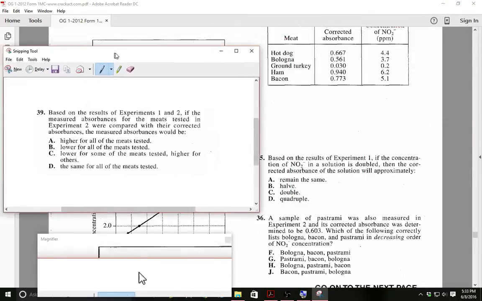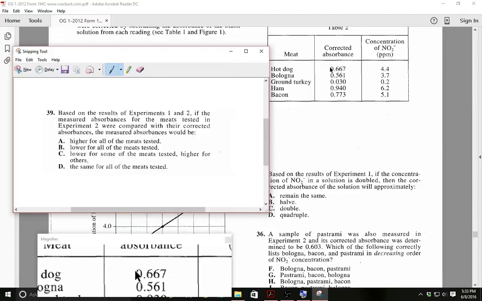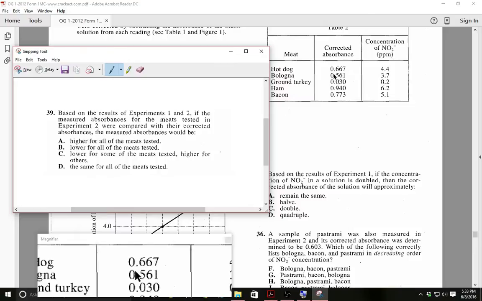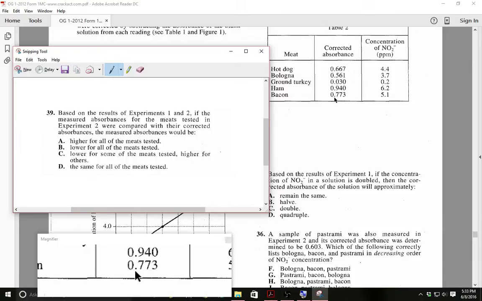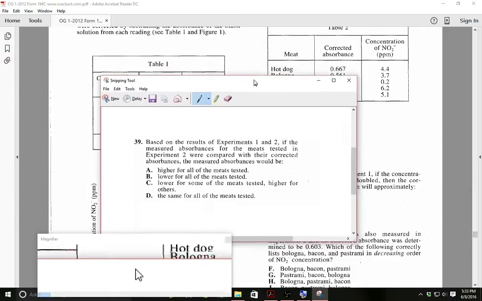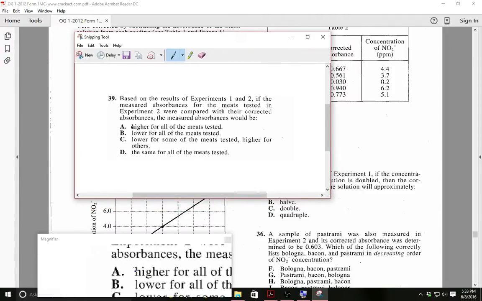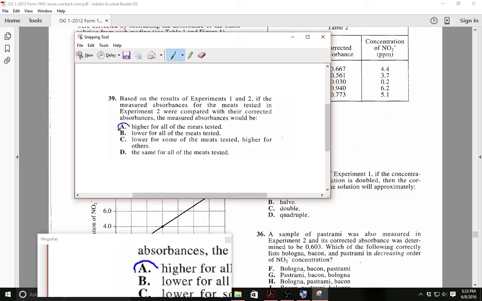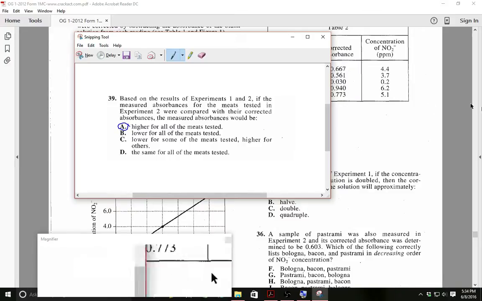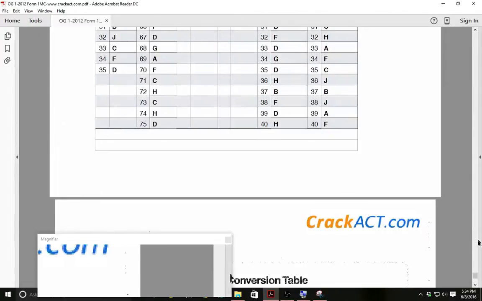Now for the meats, the corrected absorbance is 0.667, so the measured absorbance would be higher for all the meats tested. The answer should be A. Let's check though. 39 is A, yep.